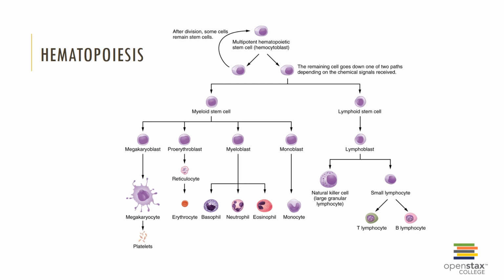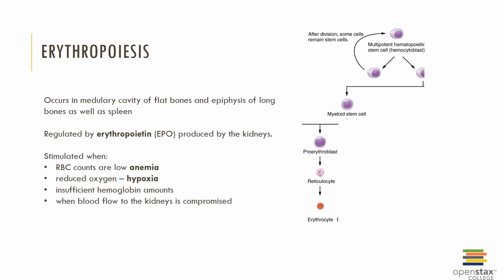Production of erythrocytes is known as erythropoiesis, which is shown here. This occurs in the red marrow of flat bones like the sternum, ribs, skull bones, scapula, pelvis, and portions of the vertebrae, and the proximal ends of limb bones.